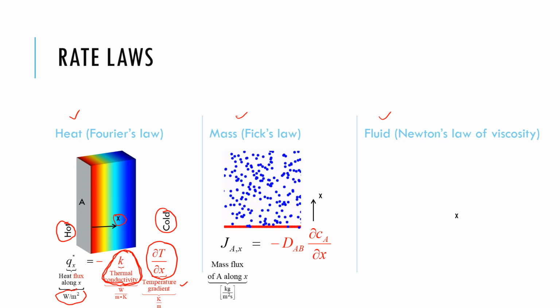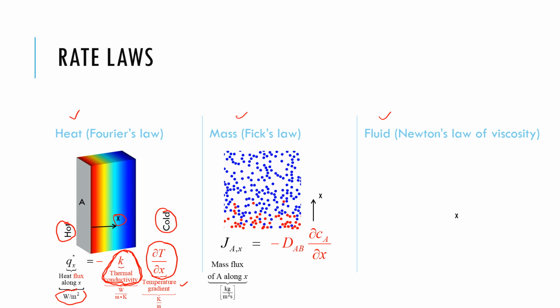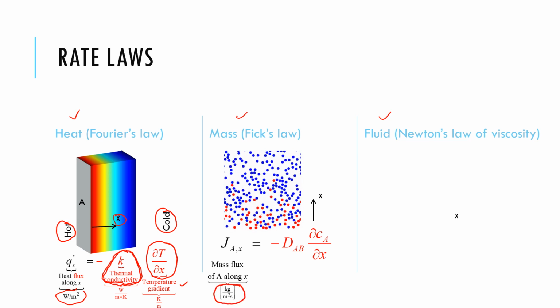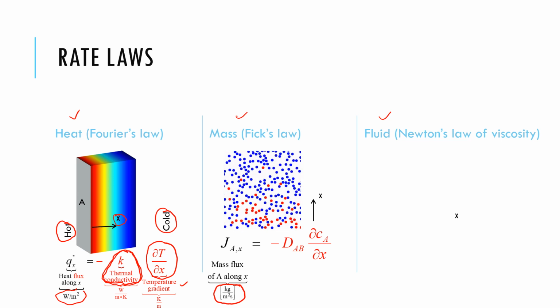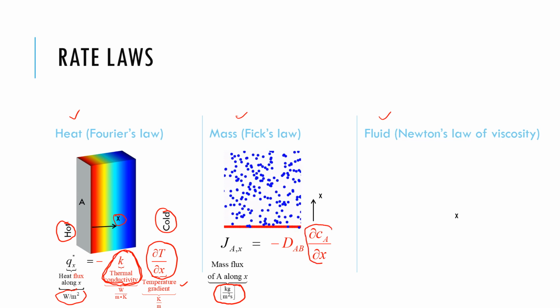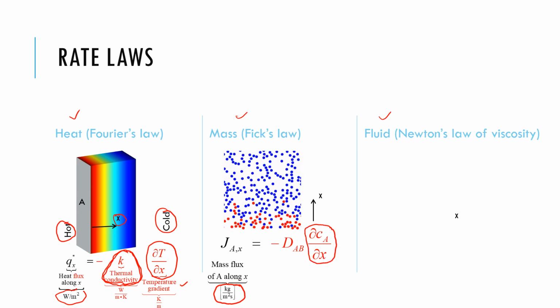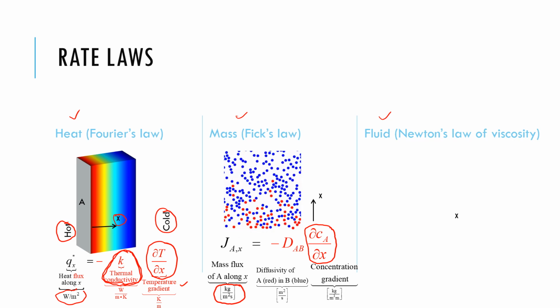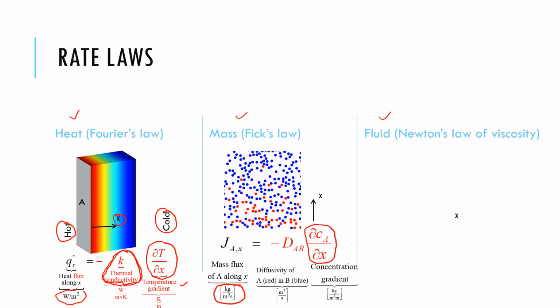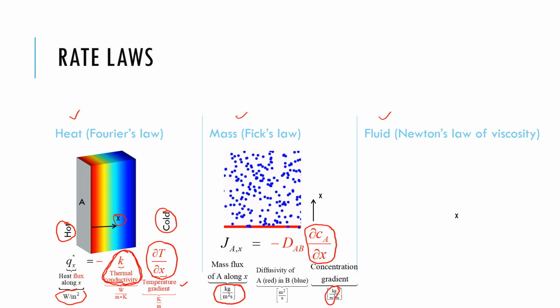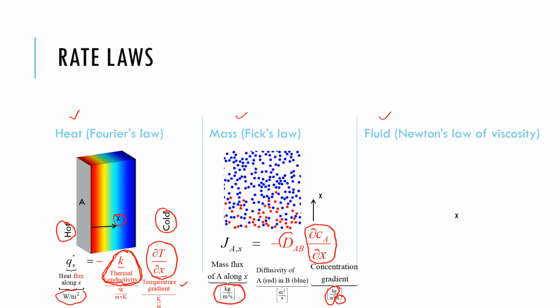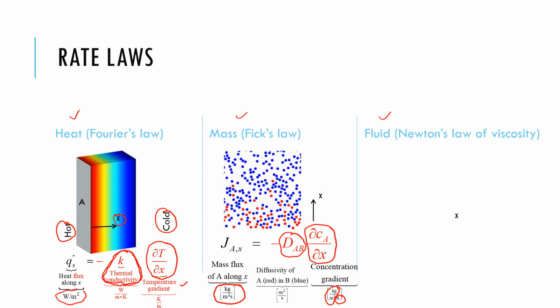So this mass flux along x in kilograms per meter square per second is proportional to the concentration gradient. The concentration gradient has the unit kilograms per meter cube per meter, and the proportionality constant is diffusivity.